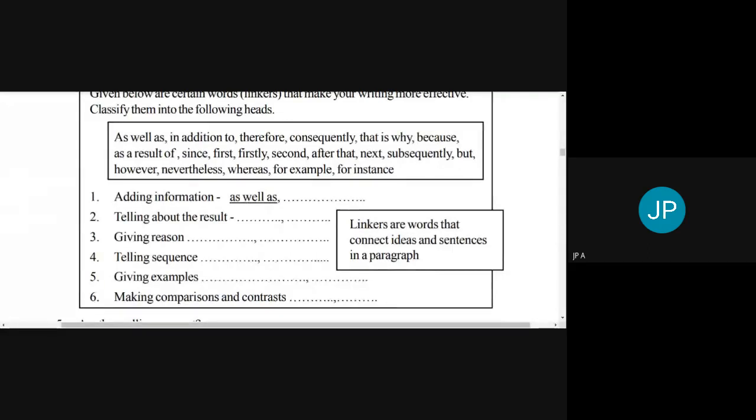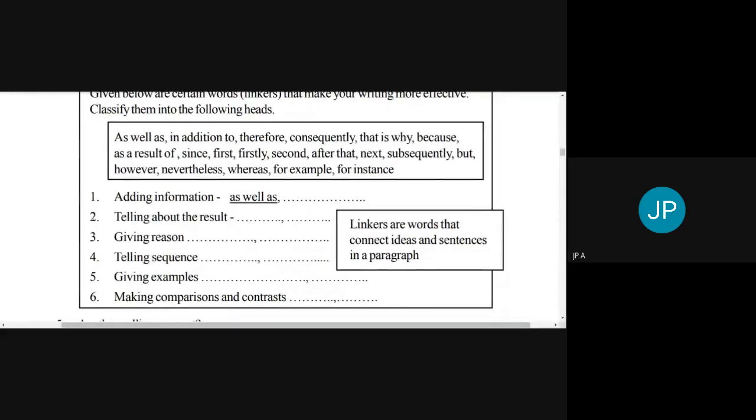So how do we use it in a sentence? The destruction of the ozone layer is dangerous. For example, it can release dangerous rays into the atmosphere.